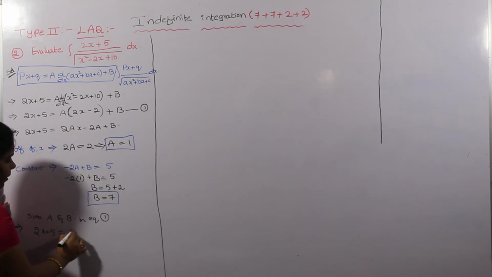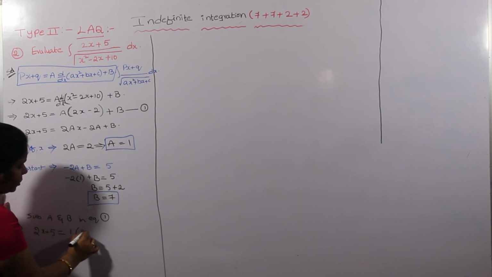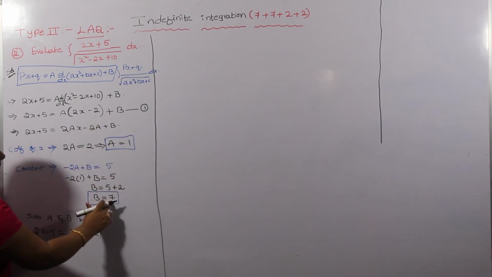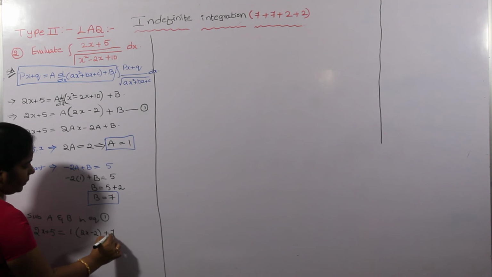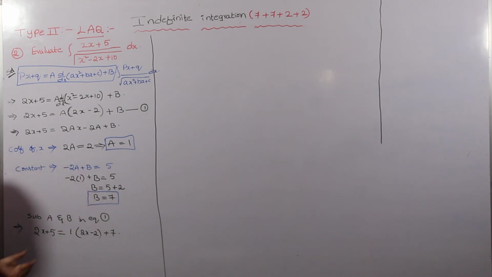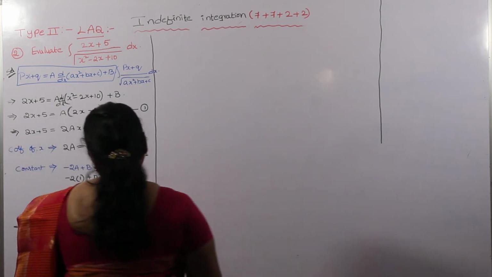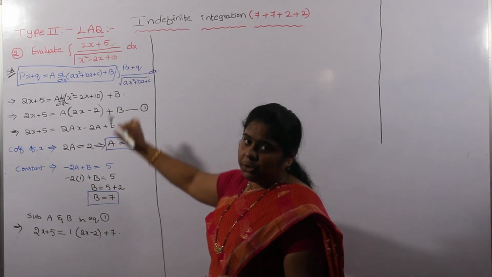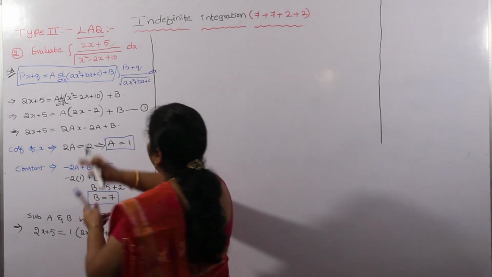Substitute here: 1 of 2x minus 2 plus B, which is 7. Therefore 2x plus 5 is equal to 1 of 2x minus 2 plus 7. Now this 2x plus 5 is substituted in the numerator place. Now take the problem.